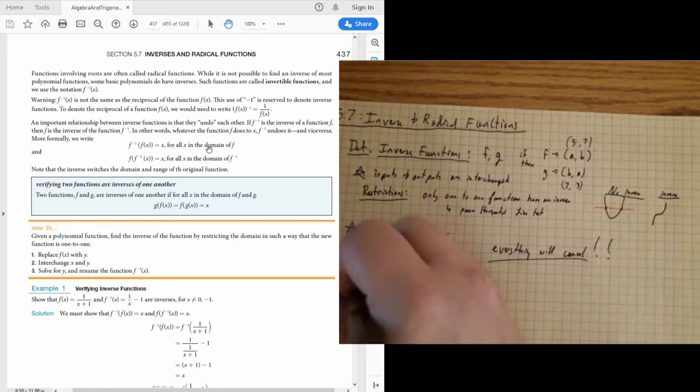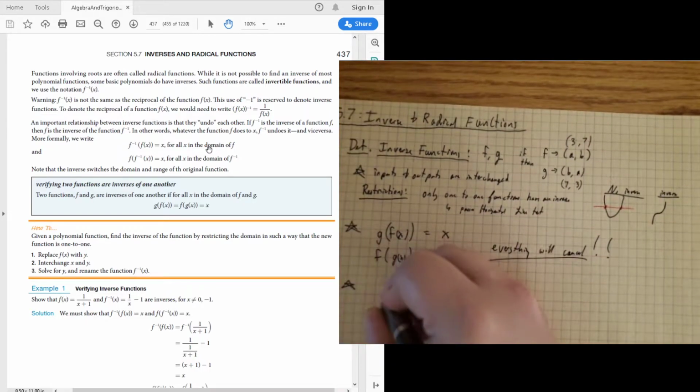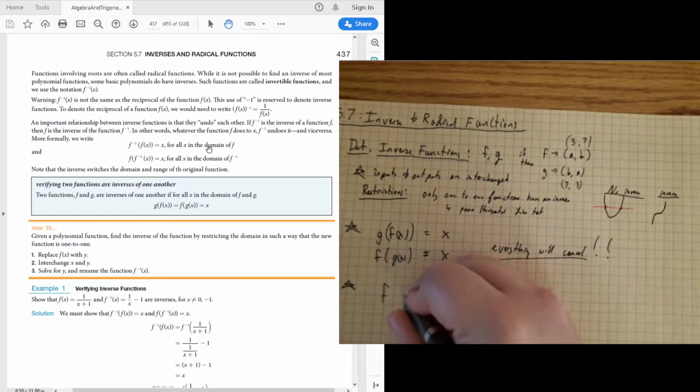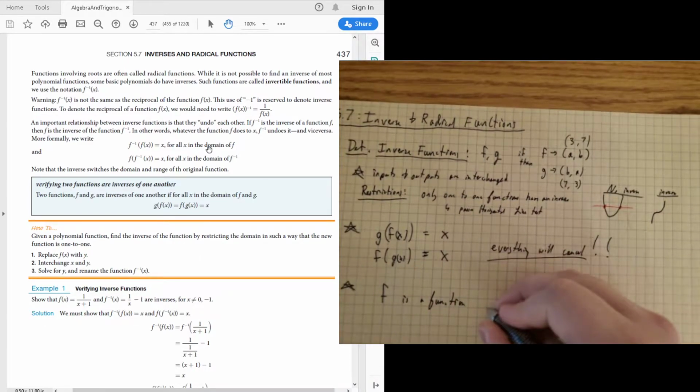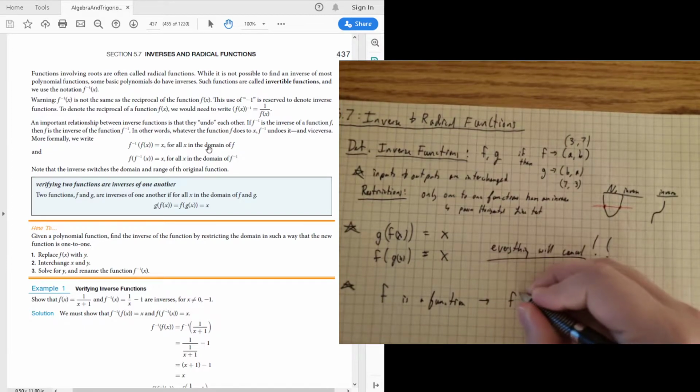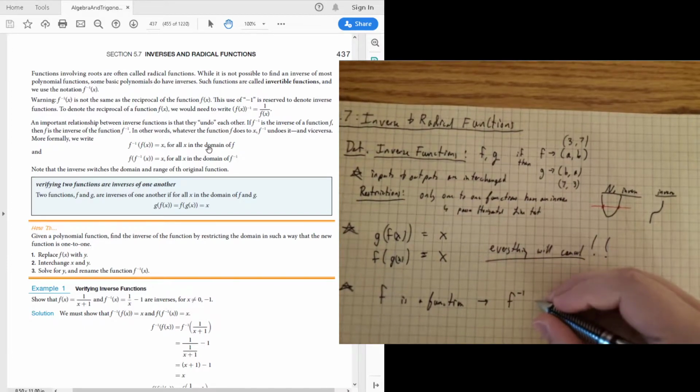Now, last of all these, if f is a function, it is typical to notate f to the negative first as the inverse.